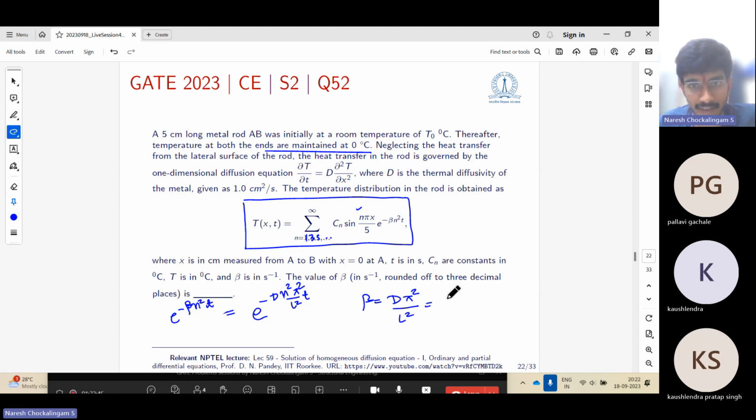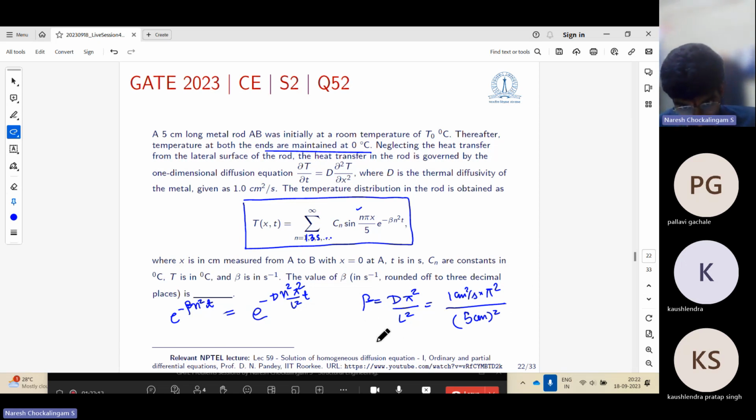What is d? It is given as 1 centimeter square per second. And pi square is just pi square, that you can take in the calculator. And L square is 5 centimeter the whole square. So what is the unit of beta? Beta is per second. So beta in per second is what they have given.